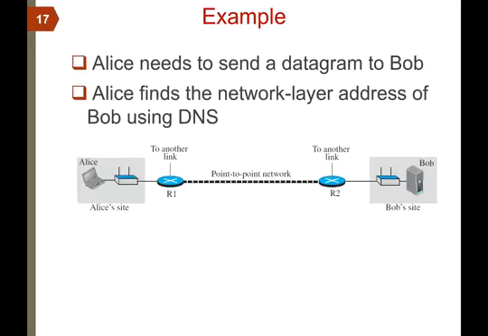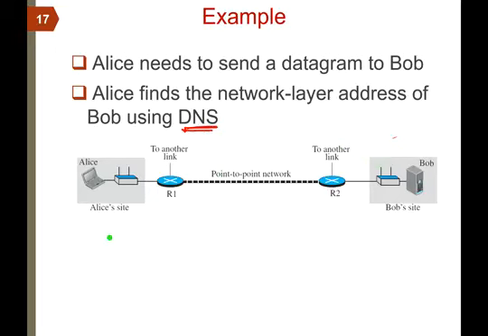So if Alice needs to send a datagram to Bob, Alice finds the network layer address of Bob using DNS, as we said. For example, this is Google. You can use DNS to get the IP address of Google, of any website, of any device. If you know the URL, you use DNS to get the IP address.